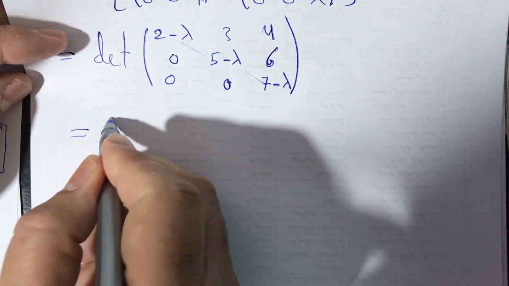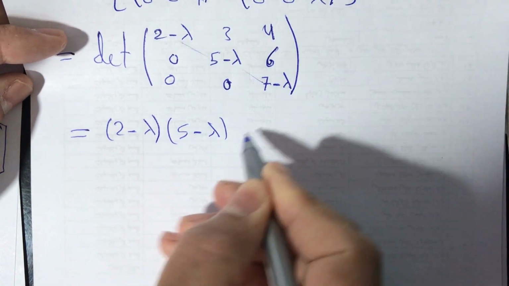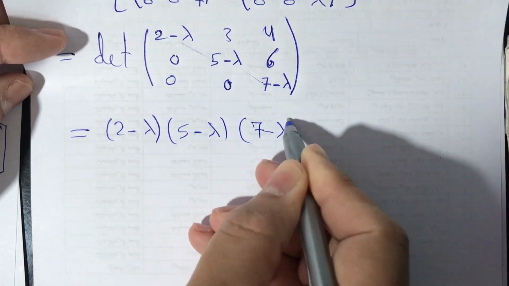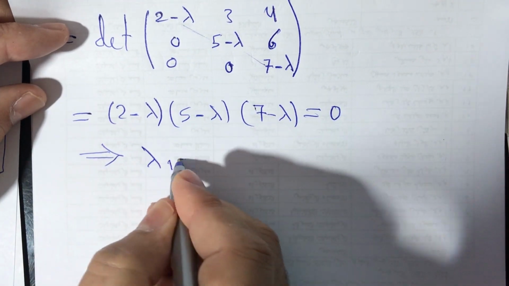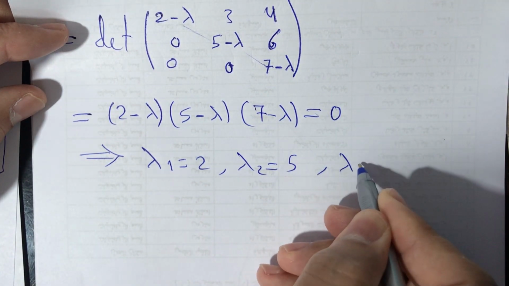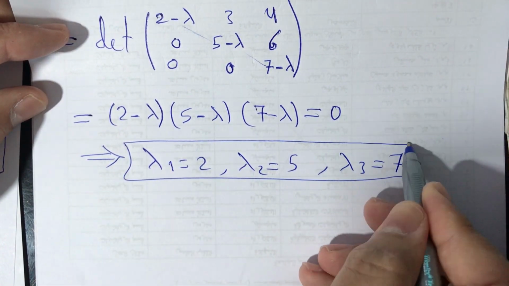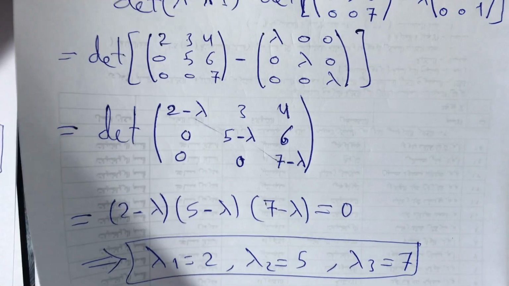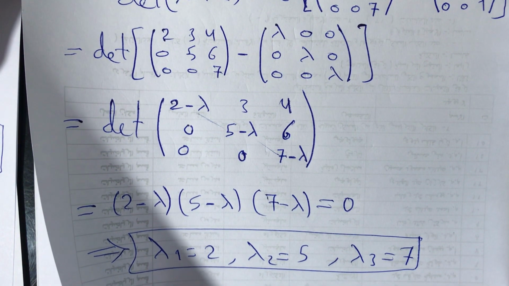So 2 minus lambda, 5 minus lambda, 7 minus lambda equals 0, and we get lambda 1 equal to 2, lambda 2 equal to 5, lambda 3 equal to 7. These are the eigenvalues.